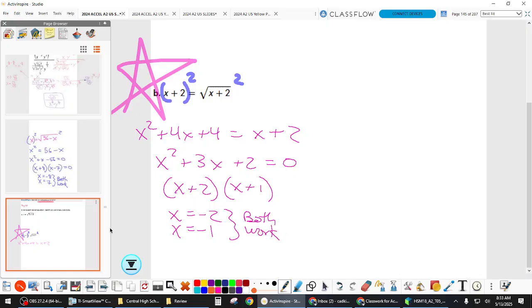You do need to indicate that you checked for both. I just wrote x equals -1 and -2 and circled them. I'd like you to say either something like both work or no extraneous solutions, just so I know that you checked. And it wasn't just like you got lucky that it worked out.